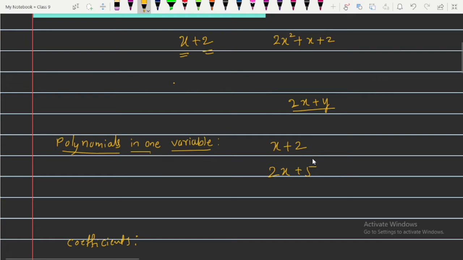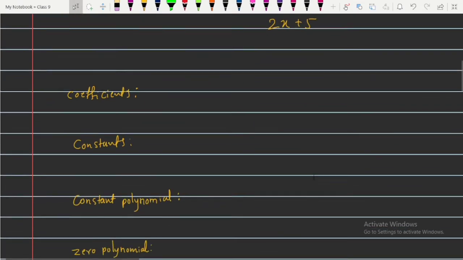Next, what is a coefficient? If you take any polynomial, it has coefficients and constant terms. For example, consider the polynomial 2x square plus 5x plus 10.